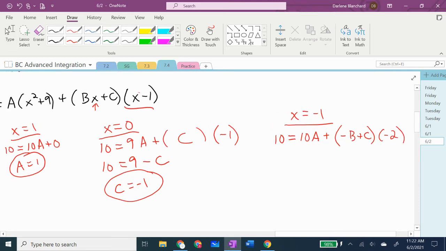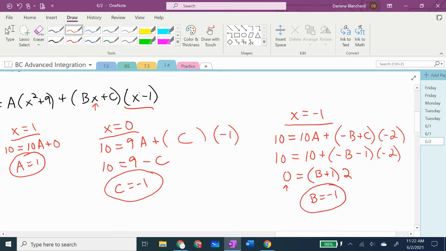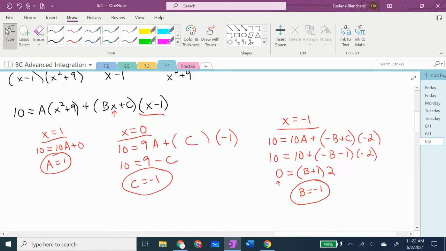I know that my A is equal to 1, so I have 10 equals 10 plus negative B plus negative 1 times negative 2. I subtract 10, I get 0 equals, and I'm going to write this as B plus 1 times positive 2, and then I can quickly see with 0 being over here that B must equal negative 1 to make that equal to 0. I have my A, B, and my C.